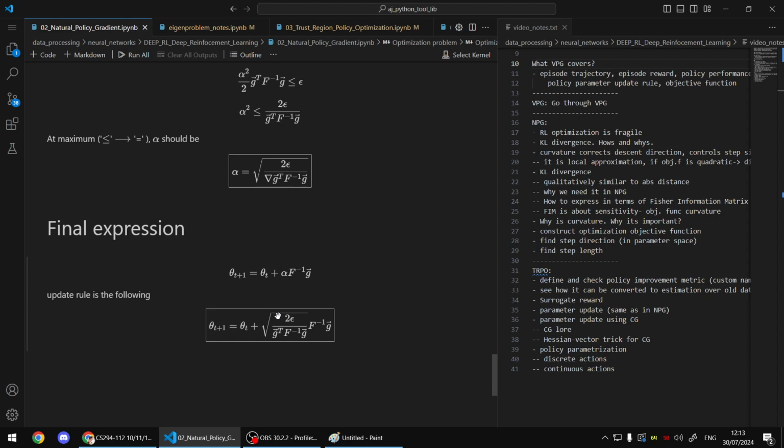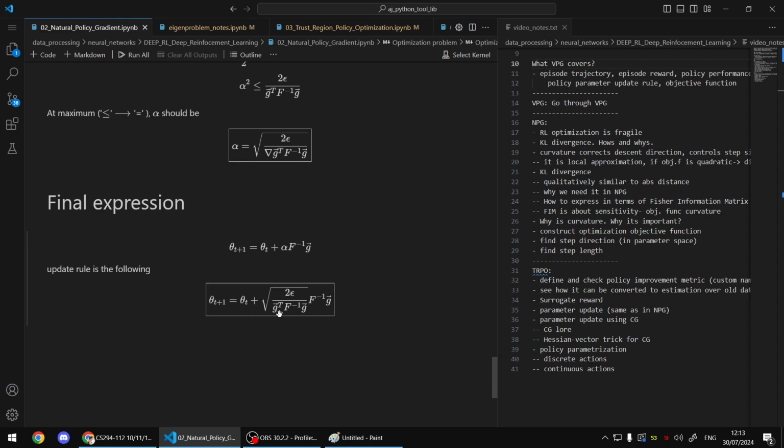This is the final update of natural policy gradient, and in a sense it is the same update as in trust region policy optimization, except that we will solve this Hessian calculation and inversion procedure using the conjugate gradient method.